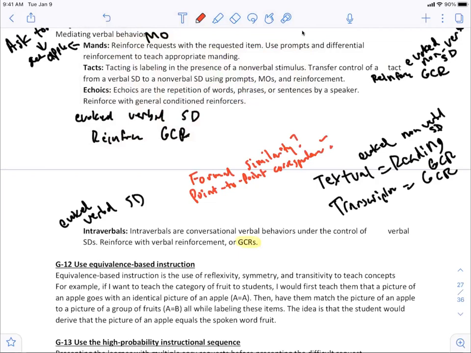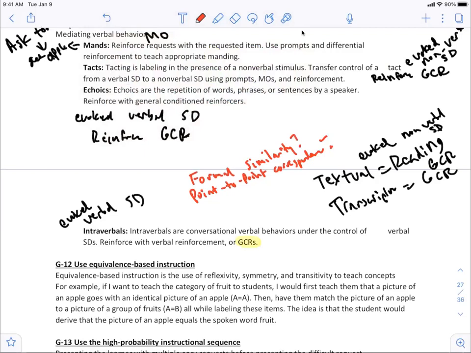Or does it appear the same, I should say? So if we are talking echoics, there's formal similarity because both are spoken. If we're talking transcriptions, the SD might be the spoken word, but you're writing it down. There's no formal similarity there. The writing and the spoken aren't formally similar.